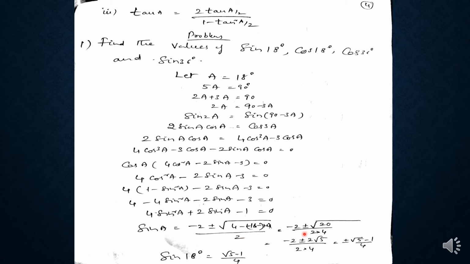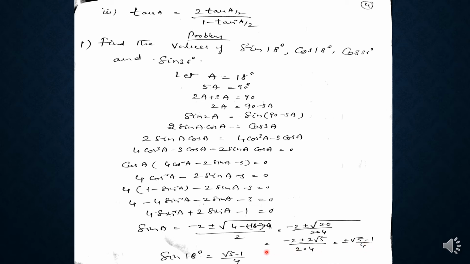So that becomes minus 2 plus or minus root of 4 minus of minus 16, that becomes 4 plus 16, that is 20, by 2 into 4, that is 8. That is minus 2 plus or minus root 20, which can be written as 4 into 5, root of 4 into 5 means 2 root 5, divided by 2 into 4. So by taking 2 as common here, that becomes 2 into minus 1 plus or minus root 5, by 2 into 4. The 2s cancel, then we will get plus or minus root 5 minus 1 by 4.